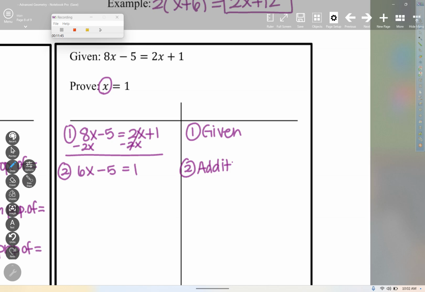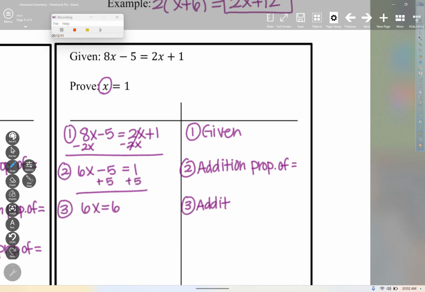Okay, and then I'm solving for x. So from this step, I know I need to add 5 to both sides. So step 3 is 6x equals 6. Well, I added to both sides. So again, it is addition property of equality.